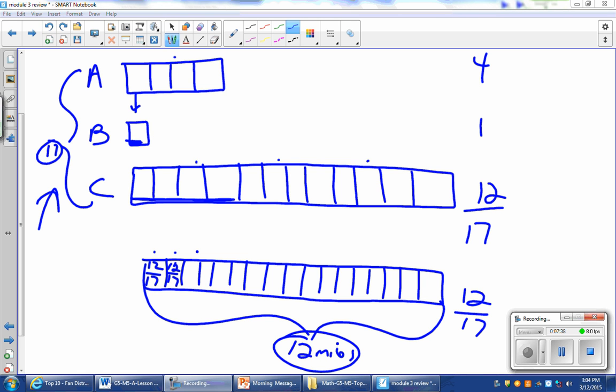So there are 17 of these 12/17ths. Right? So each of these is 12/17.